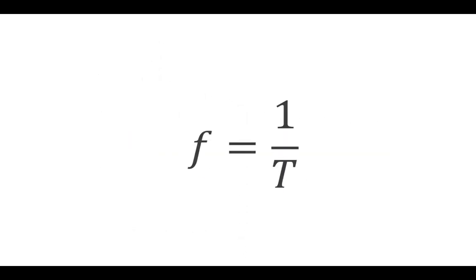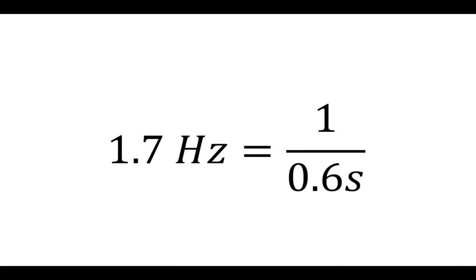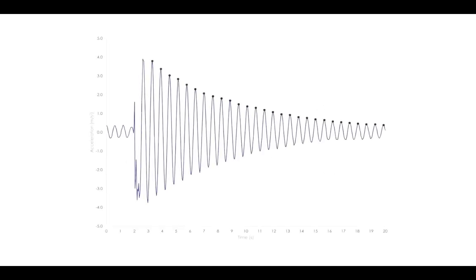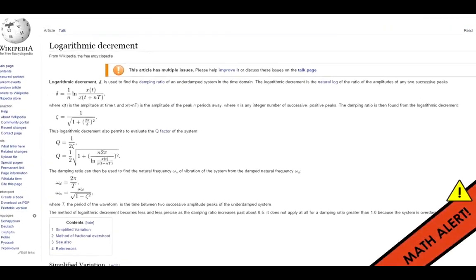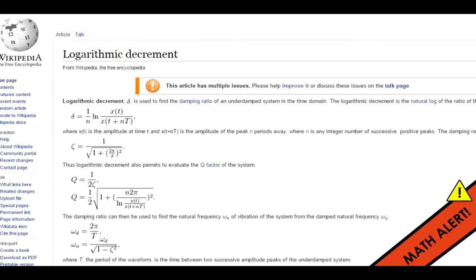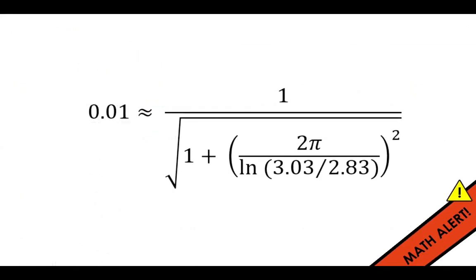Frequency is the inverse of period, so we can get the building's fundamental frequency, 1.7 Hertz. We can also see that the building has some natural damping just due to the internal friction in its movement. Otherwise, it would just sway indefinitely. We can estimate the model's natural damping ratio using the logarithmic decrement. I get a damping ratio of 0.01.